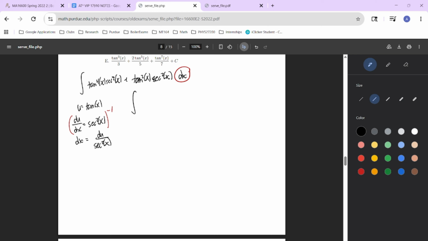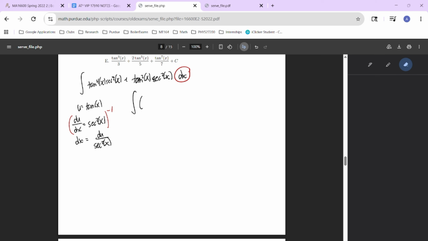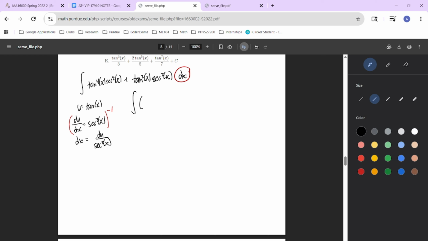So we have u to the fourth multiplied by secant squared of x plus u squared multiplied by secant squared of x, and then multiplied by du over secant squared of x.